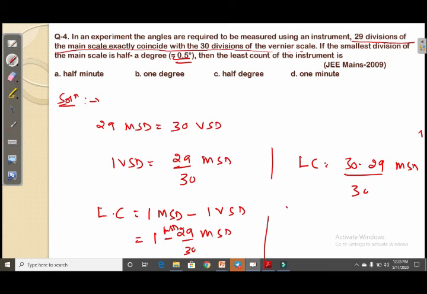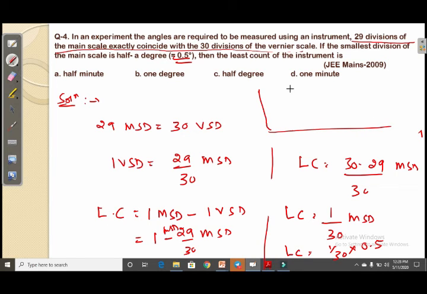Least count is equal to 30 minus 29, that is 1 by 30 MSD, main scale division. The value of one main scale division they have given is 0.5 degree. So LC is equal to 1 by 30 into 0.5 degree.